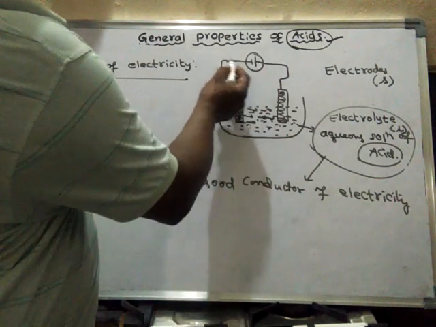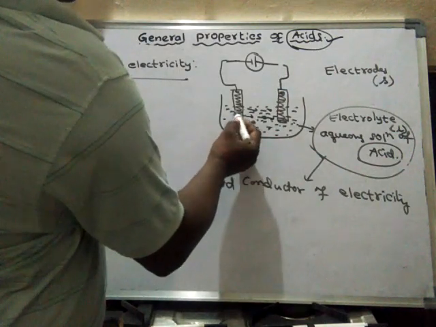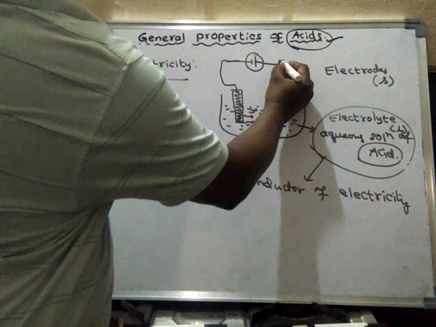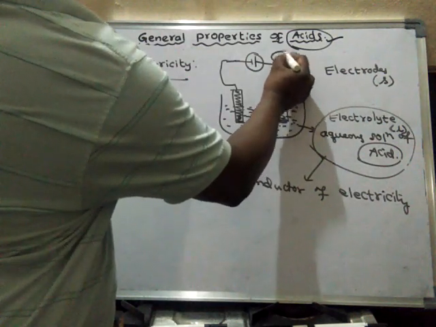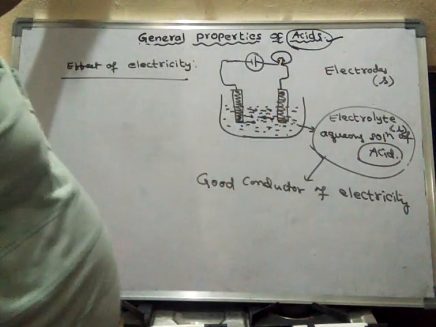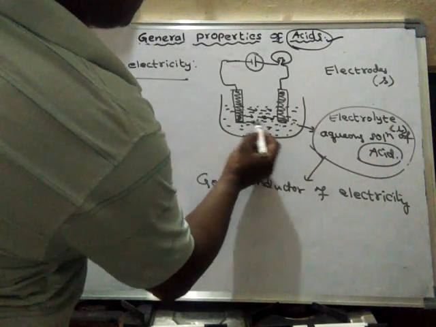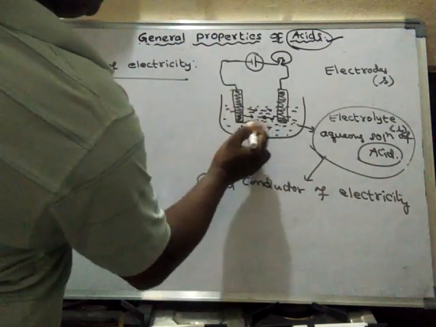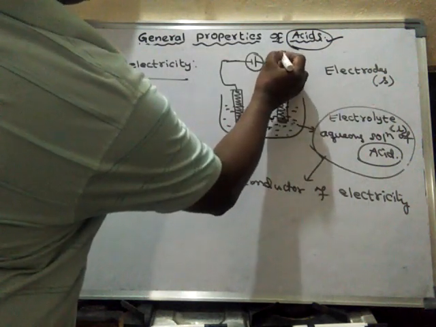Now when the battery is connected, what happens? To know whether electricity is passing through, we simply connect a bulb to this arrangement. If electricity is passed after switching on, then the bulb will glow.